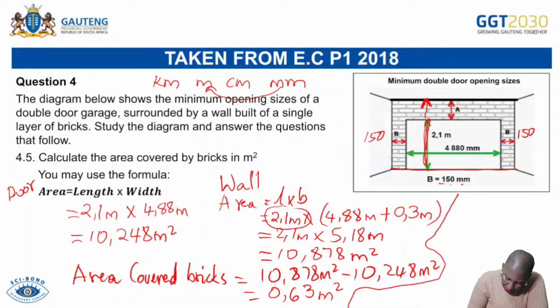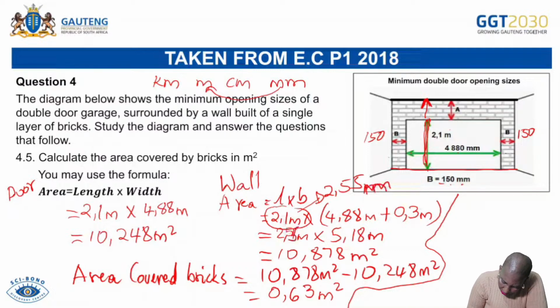So it will be 0,45 plus 2,1. That will be the total height, which is 2,55. So the total height here is 2,55 meters. So now it is not 2,1, but 2,55.